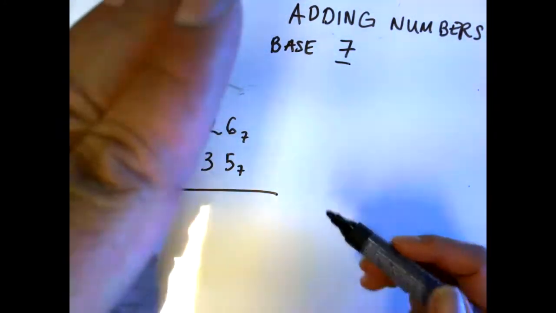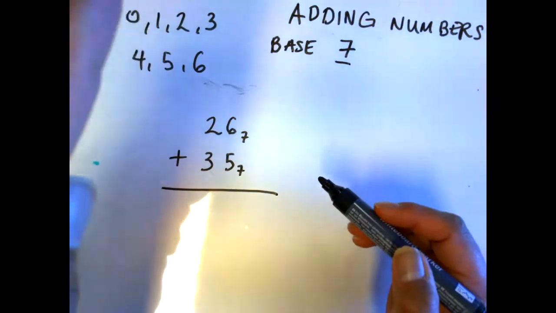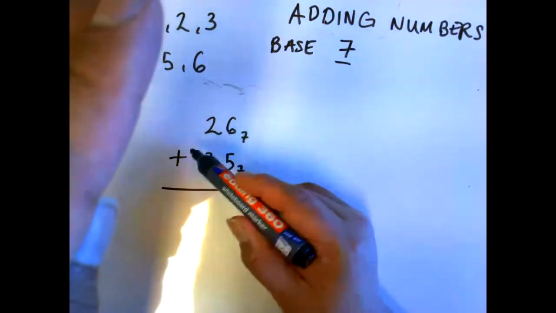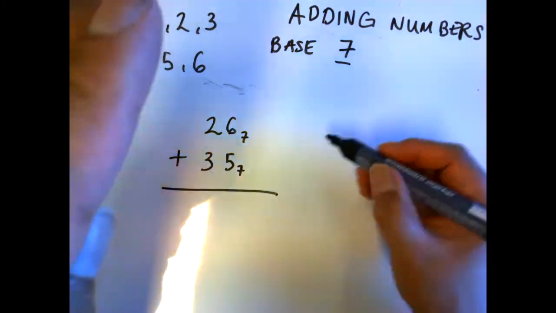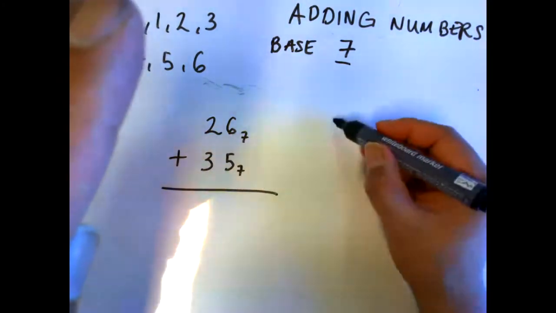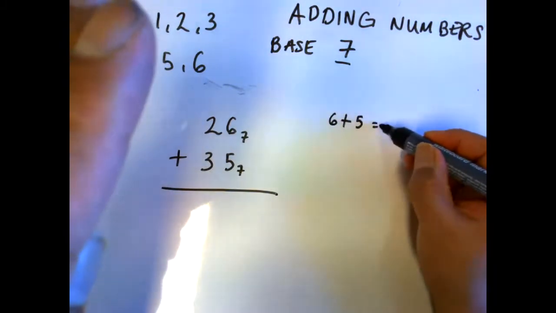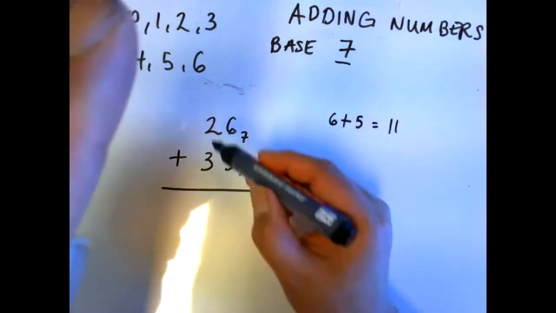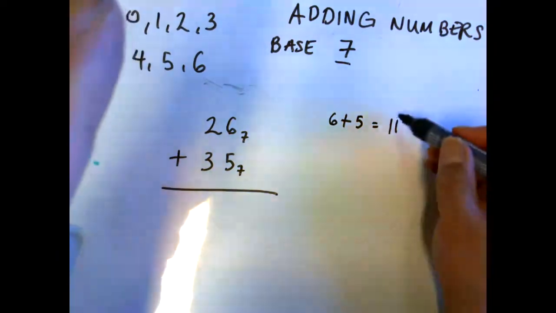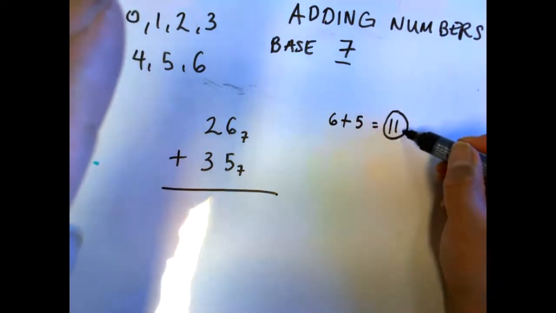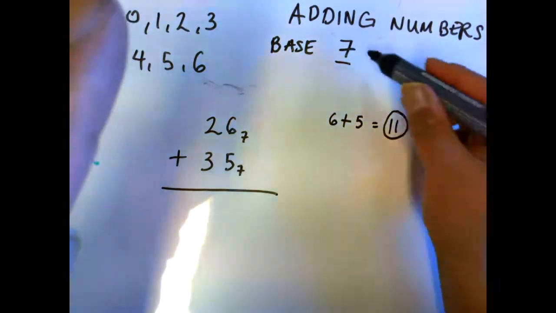We could really see that when we add 6 plus 5, we get 11. Can we write 11 here, 1 and 1? No, we can't, because you can't write this in base 7.